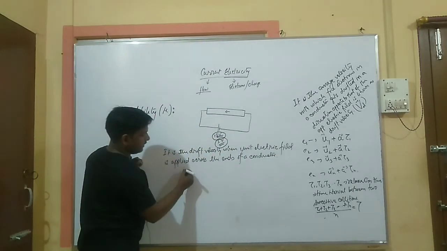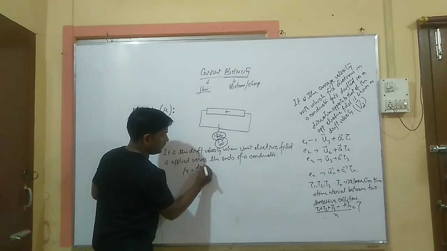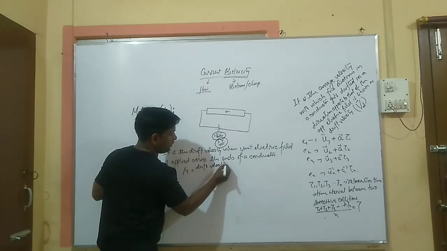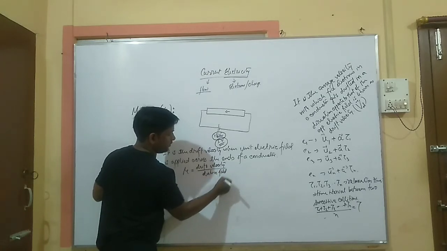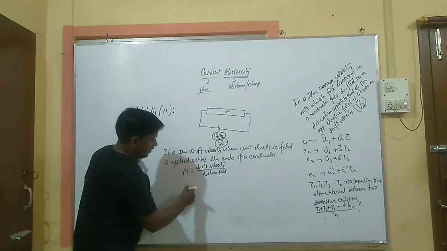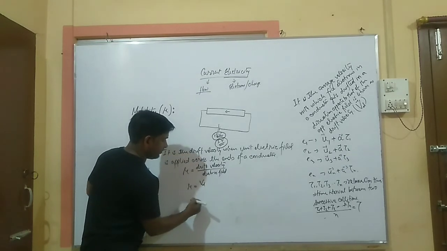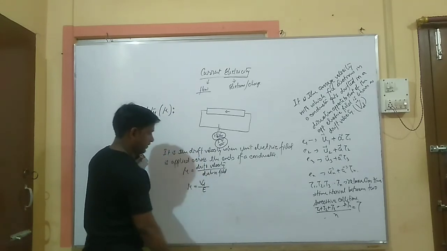So mathematically it can be written as mu equals drift velocity divided by electric field, that is, mu equals v_d by E.